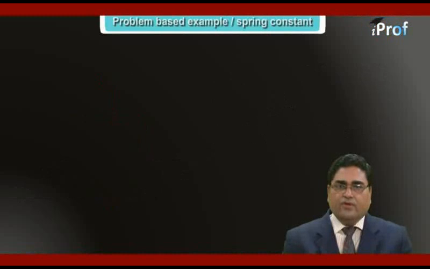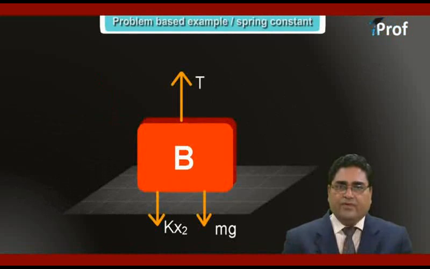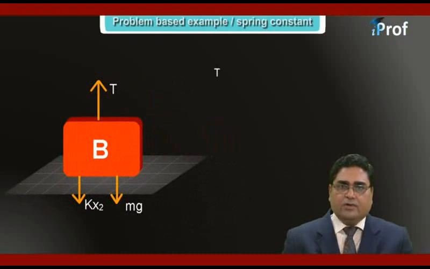So, for block B, we can write the free body diagram like this. Suppose the tension in the string connected between the two blocks, each of mass small m, is T. So for equilibrium of block B, we can write T equal to mg plus Kx2. Since Kx2 equal to mg, T equal to 2mg.